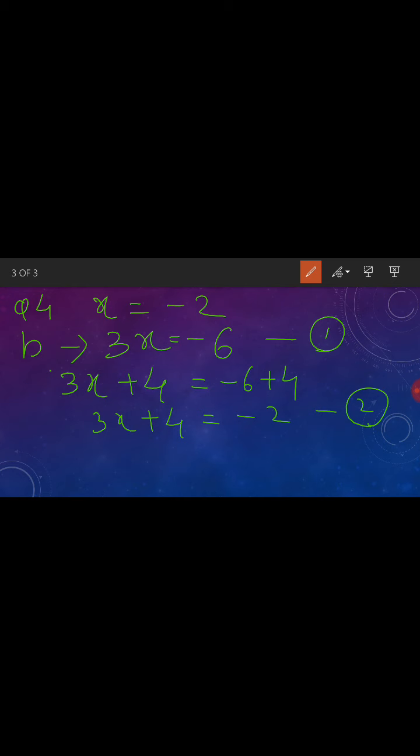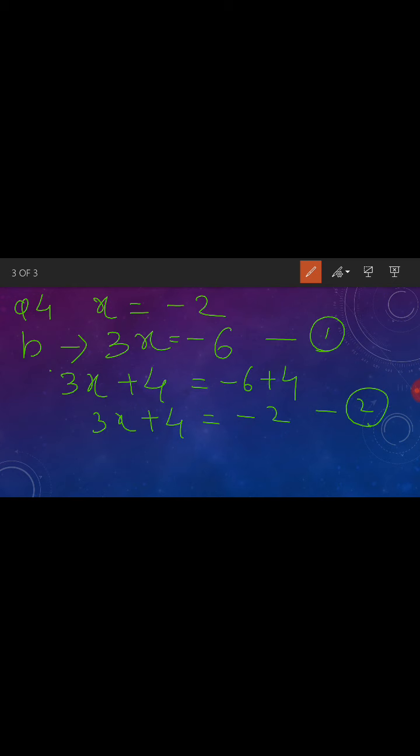Now your third equation can be, okay, you can write it as divide both the sides by 5.